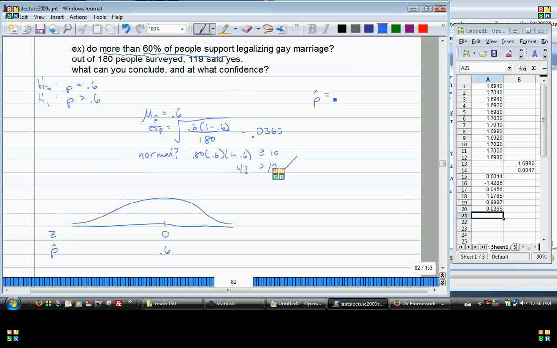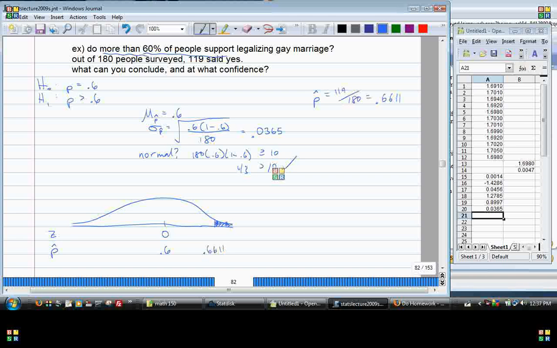It's the proportion from the sample. And what happened in the sample? 119 out of 180. And you work that out, 0.6611. So we put that on the picture as well. And now what do we do? Shade to the right. So there's our picture.